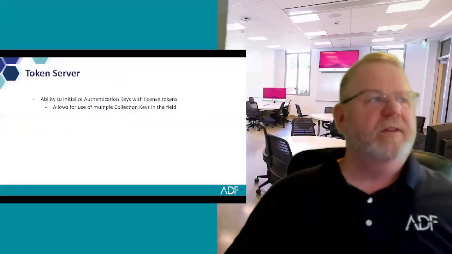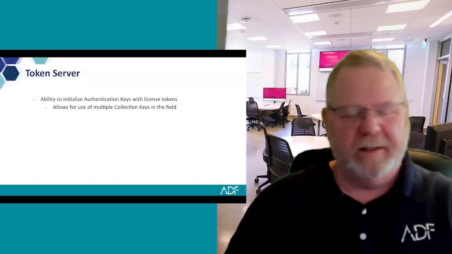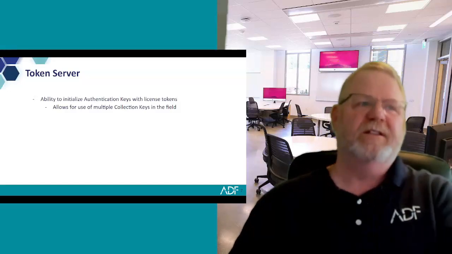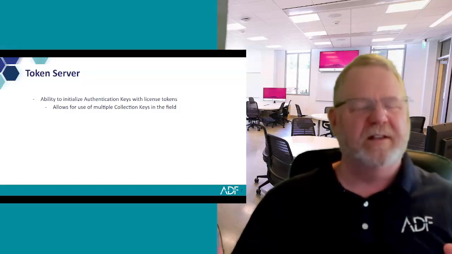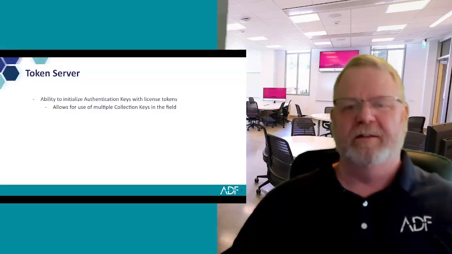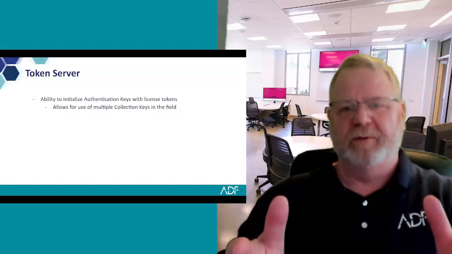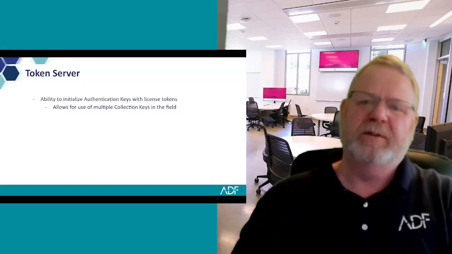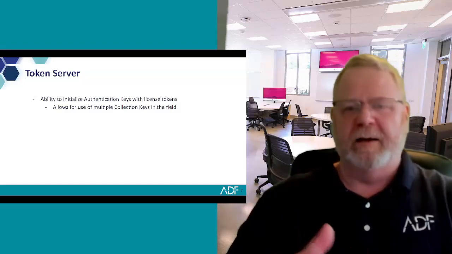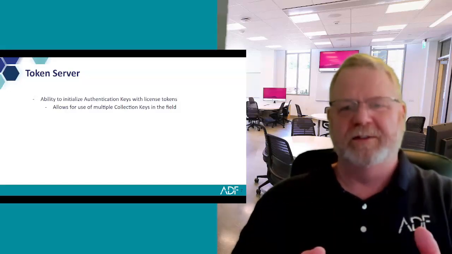And the other one, with the token server, we have the ability to initialize authentication keys with licensed tokens. So using the token server, your laptop, your computer, your station, your workstation connects to the private cloud, downloads your token, you have the license, you can use it.